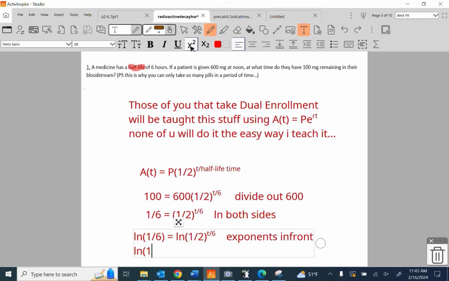Natural log of 1 minus the natural log of 6 is equal to t divided by 6 times the natural log of 1/2.